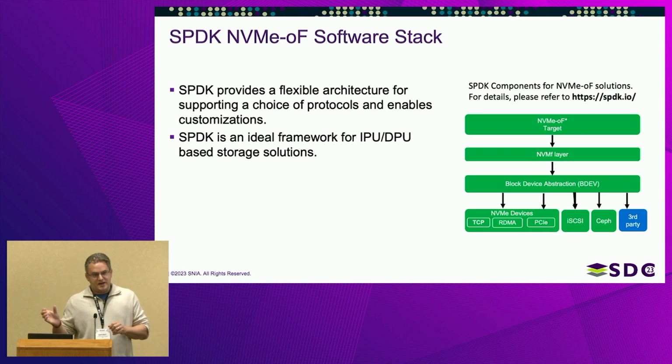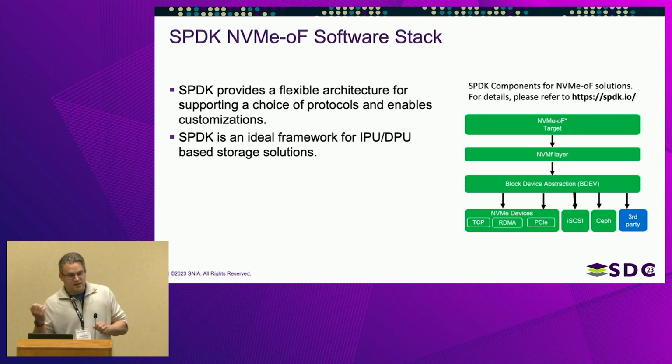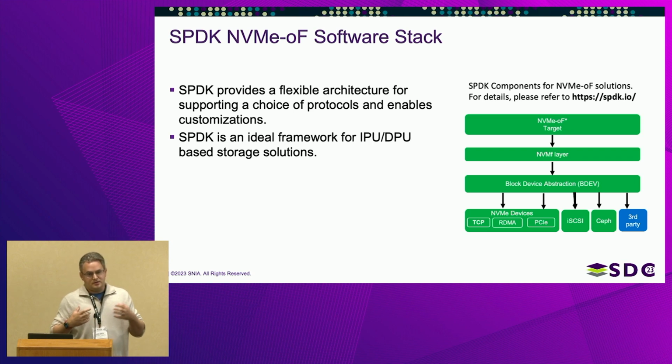And then on the target side, we can use the DPU and IPU to provide that end-to-end resilient networking function, so that you can have lots of different initiators talk to an individual target.